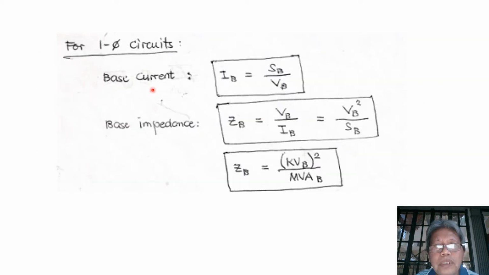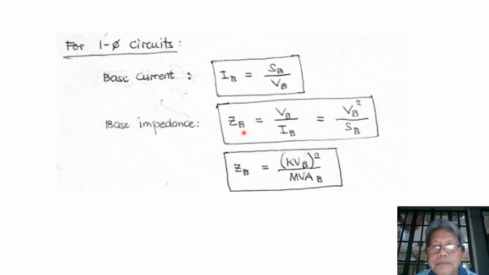So for single phase circuits, our base current would just be equal to the S base divided by the base voltage, V sub B. Now, SB here can be kVA or MVA, depending on our choice for the common apparent power base.